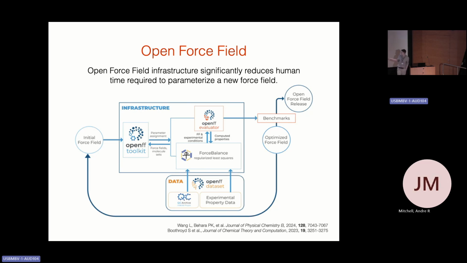We can use Leping Wang's very nice ForceBalance software for optimizing the force field parameters against the physical properties. We can bring in all this curated data I mentioned to train the force fields. And so hopefully out will come a force field, which can be benchmarked, validated against experiment, and either that goes round again or it's released. And you'll have seen the Parsley and Sage releases in the literature, which are described in more detail down here.